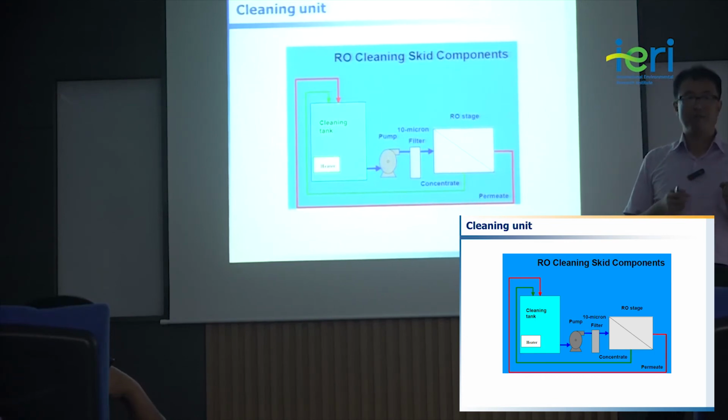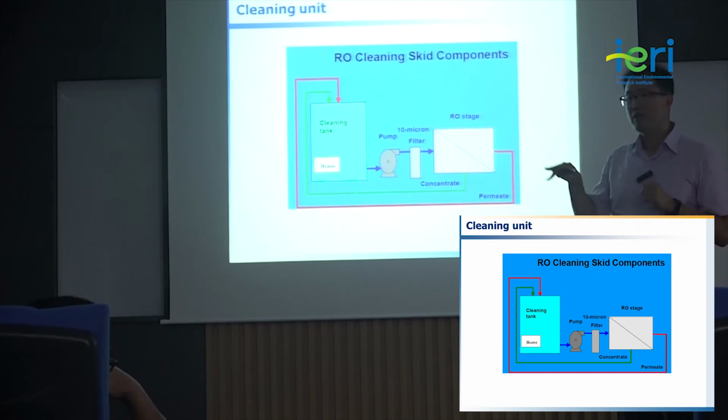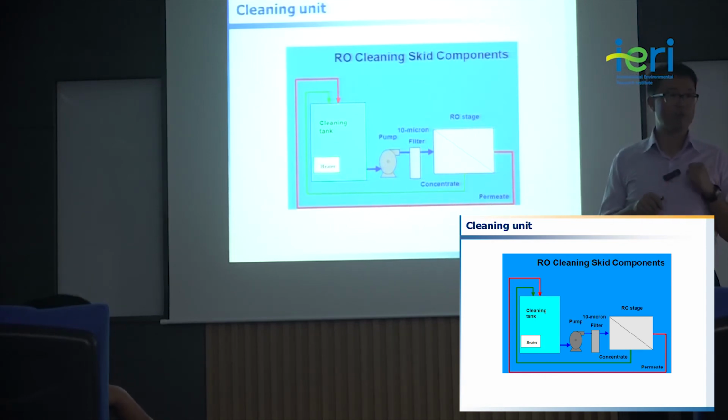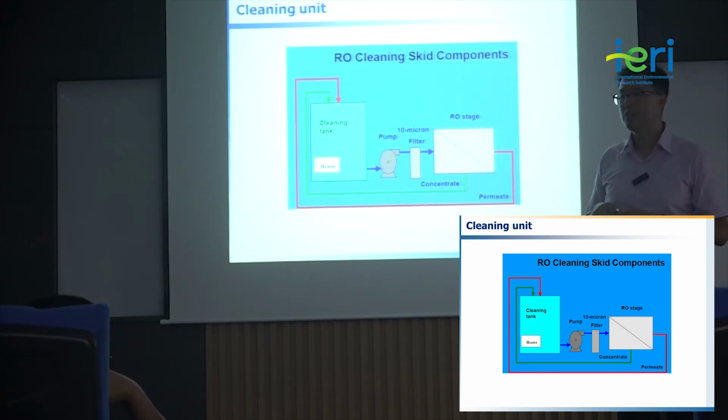If you clean your membrane with high temperature water, you can get better performance. If you are using cold water, you cannot clean the membrane very well. So using a heater is very important, or selecting the summer season is also very important. So I do not suggest cleaning your membrane in winter season.